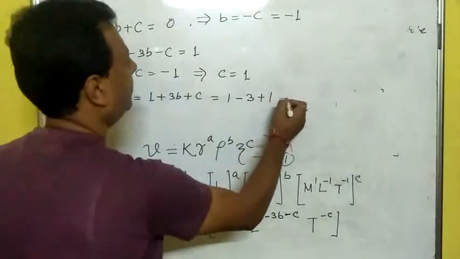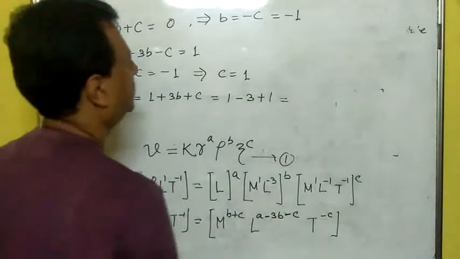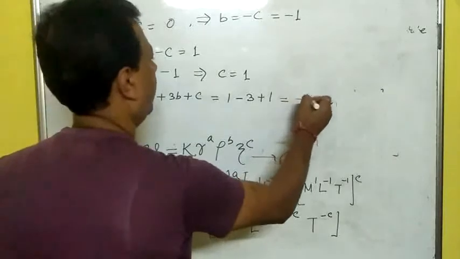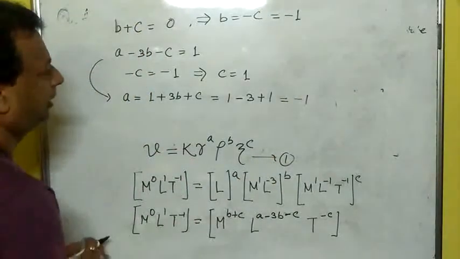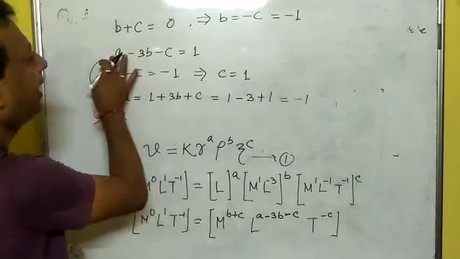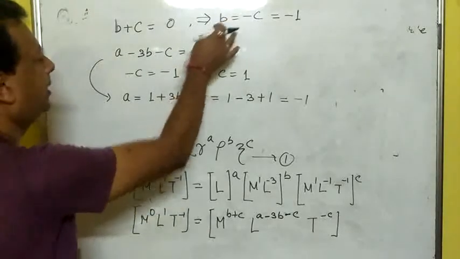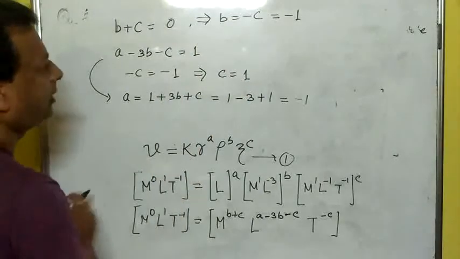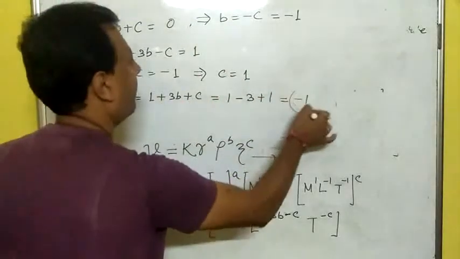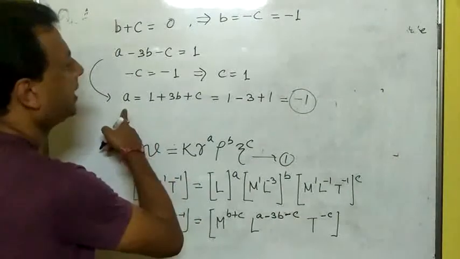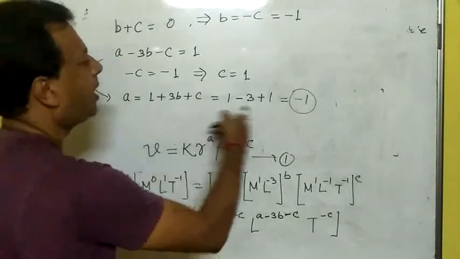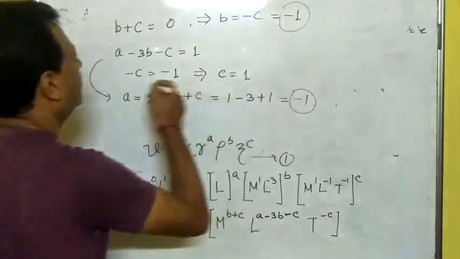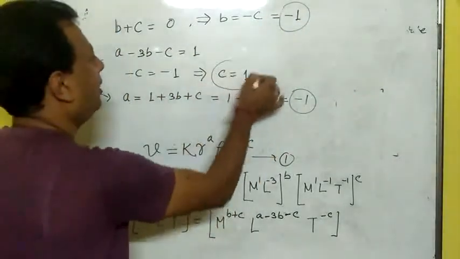What will be the value here? This value is minus 1. So this is a, this is b, and this is c. A is minus 1, b is again minus 1, and c is only 1.